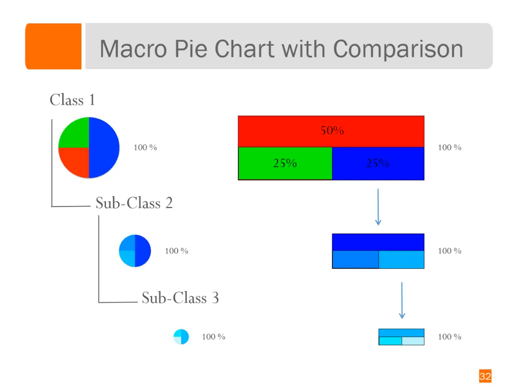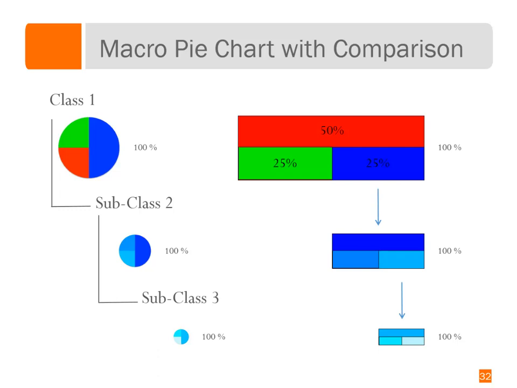Then in subclass 2, I might take all of the blue and subdivide it, making 3 components up for that 100%, which is really just 50% of class 1. And then I can do the same process again, where I take one of those pieces of pie, drill down into it, and represent the 100% of different categories that make up that particular subclass object.